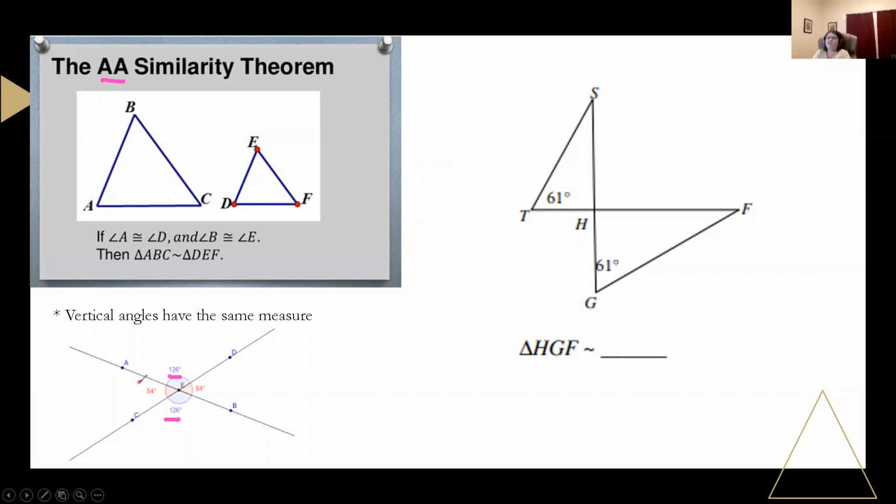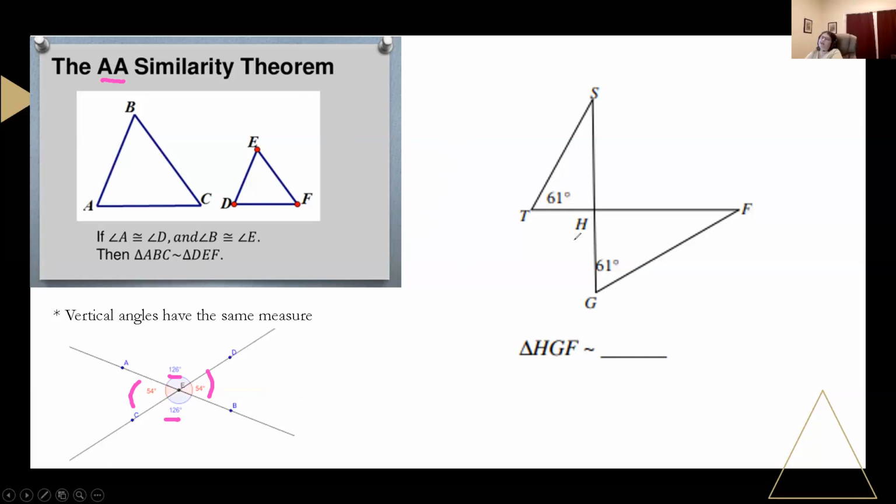And you see how this one's 54, so this one's 54. The ones that are across from each other in vertical angles always have the same measure. We've talked about that in the past, but some of you are new and some of you have been with me for a while, so some may know it, some may not.